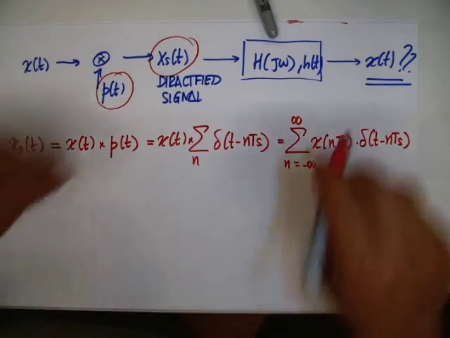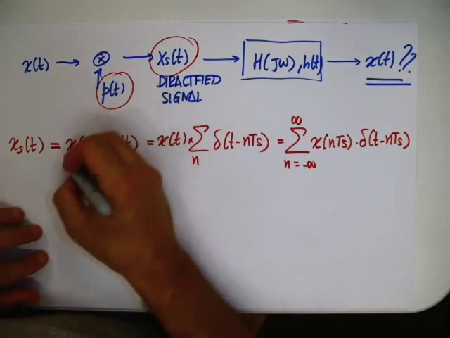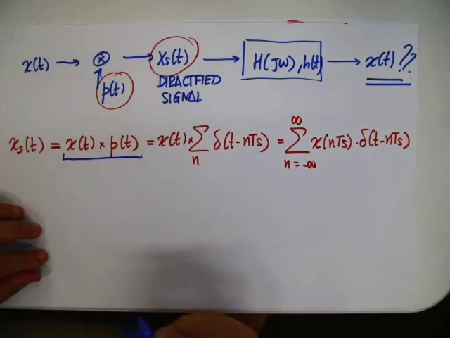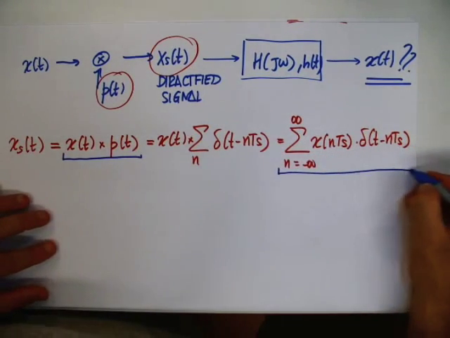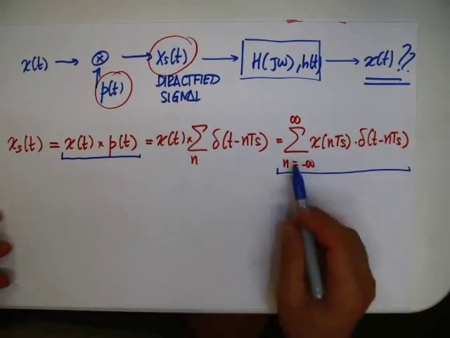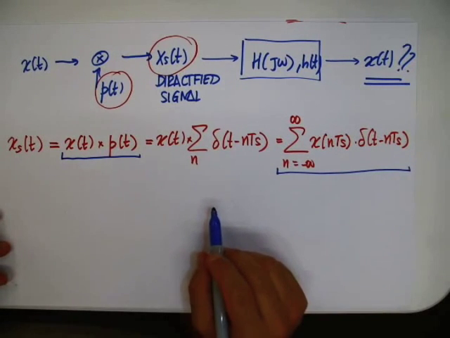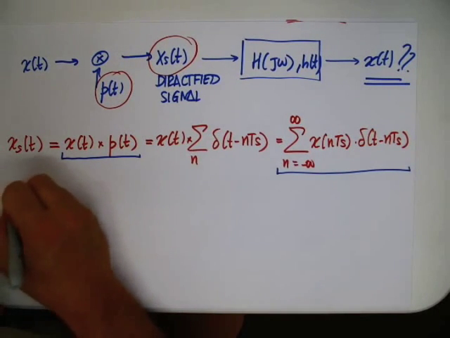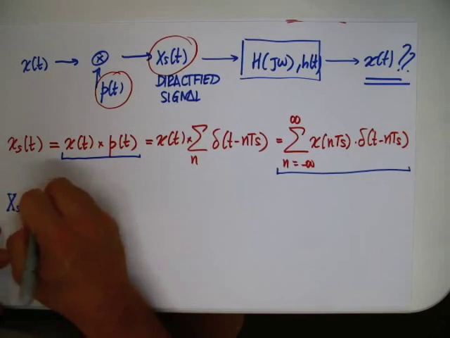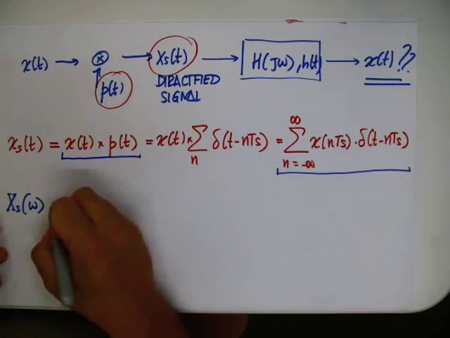And so here we have again two expressions. I have this product, but I also have the same signal expressed as an infinite sum. And of course, for the corresponding Fourier transform, there are two ways to do it.